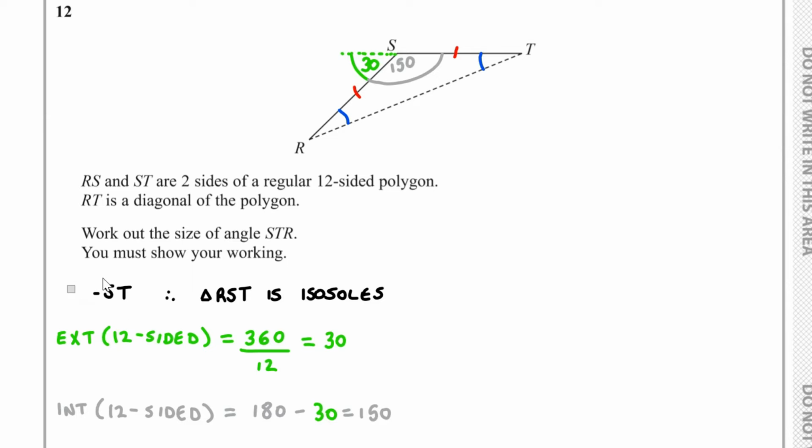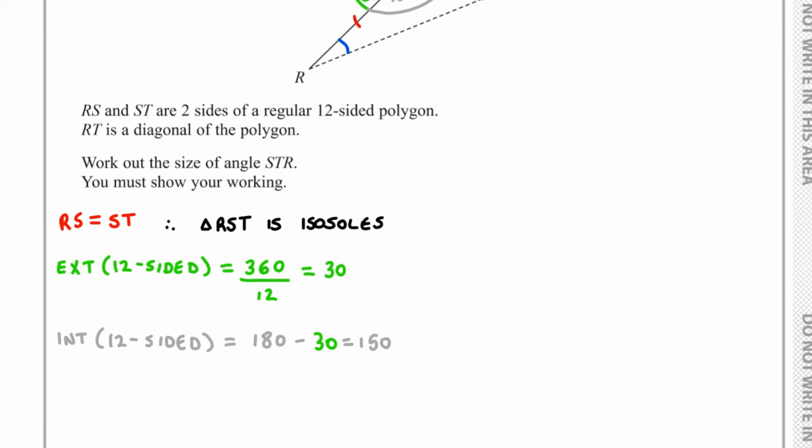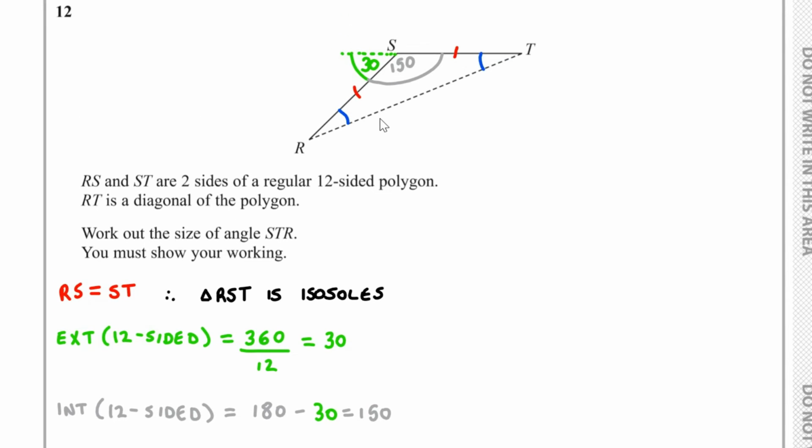Okay, and also, let's just keep the colours consistent. RS equals ST. Now, what we can also conclude, because we've got an isosceles triangle, is that the angle SRT equals the angle STR.